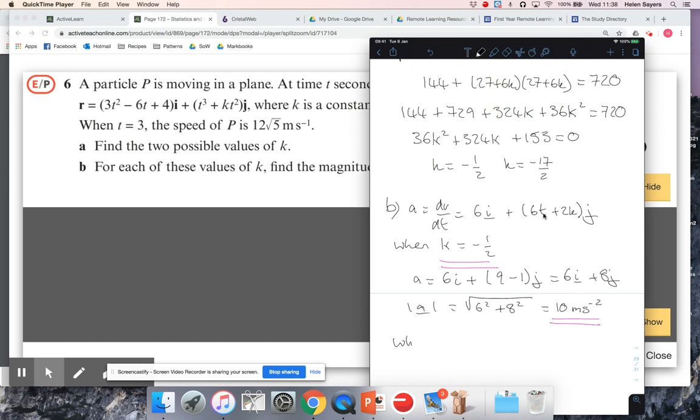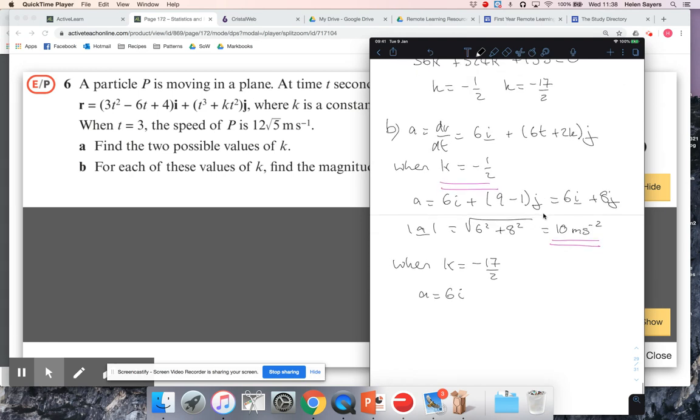Then when k is minus 17 over 2, I can just go back, I've already differentiated, so the acceleration is 6i, and then again that's going to be 6 times 1.5 plus 2 times minus 17 over 2, so it's minus 17, so a is 6i minus 8j.